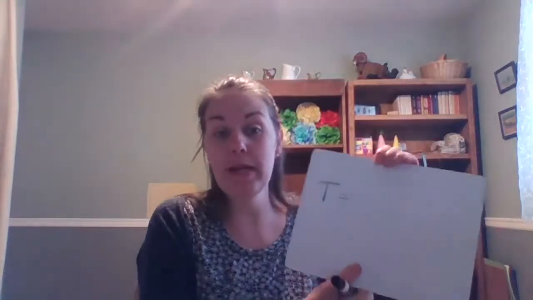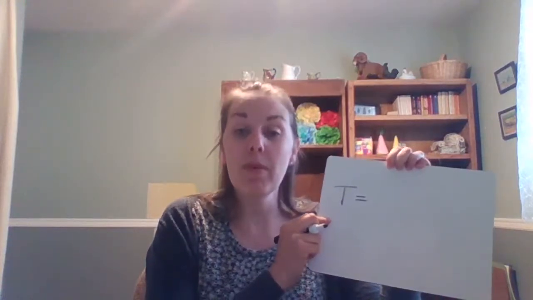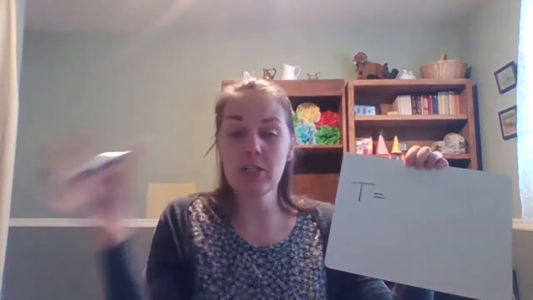So we have T is equal to, if we're going to write it as an equation, you can write it as the numbers equal to T, or T equals the numbers. Remember, that equal sign is really just like a balance. And so it doesn't matter which side of the balance they're on, they just need to equal each other.